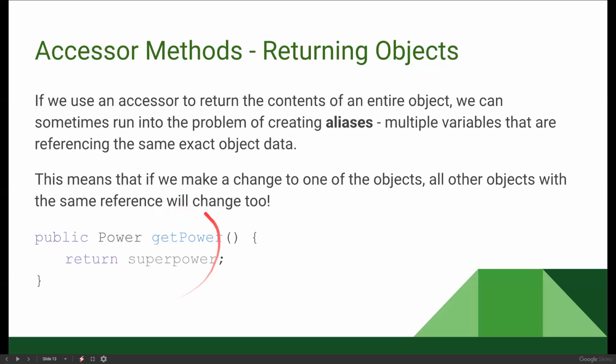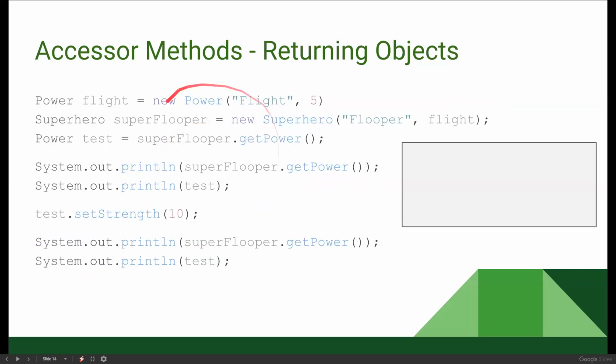If I wanted to return a superhero's superpower, you can have public Power getPower and then return that superpower. In this example, I make a Power flight equals new Power flight, 5. Then a new Superhero superFlooper. His name is Flooper. His power is flight.